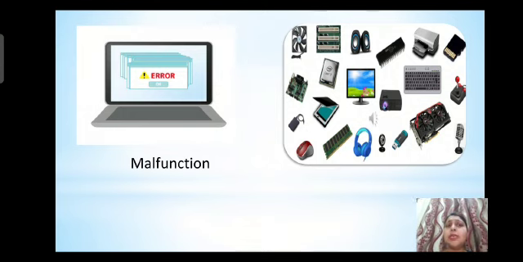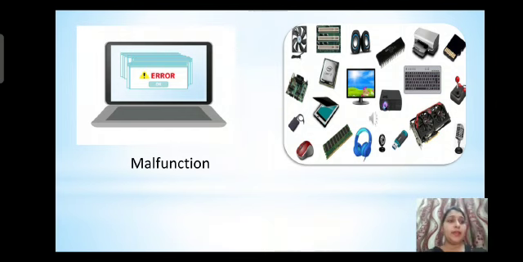And can you see the other picture? What is given here? I think keyboard, desktop, monitor is there, and printer is also there, memory card is there, speakers, mouse, keyboard, so many things are there. It means, children, what are these devices?